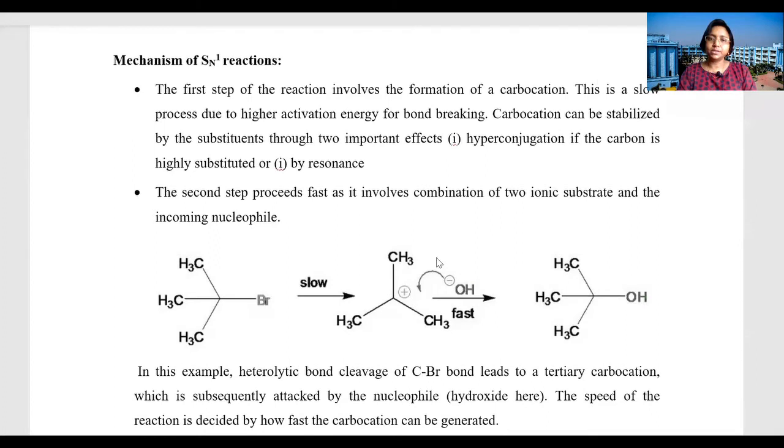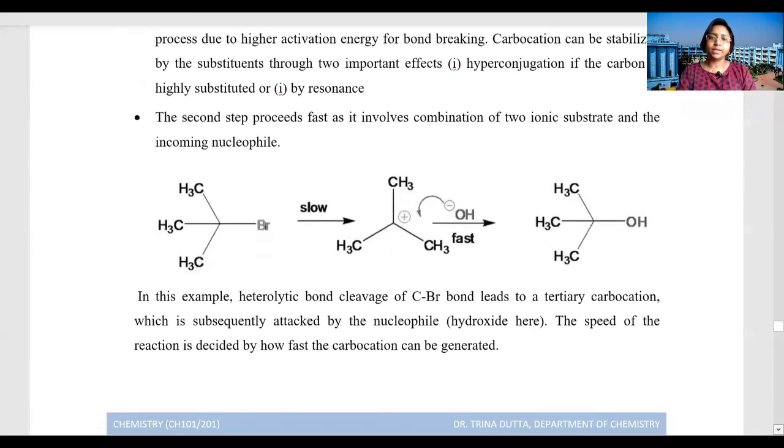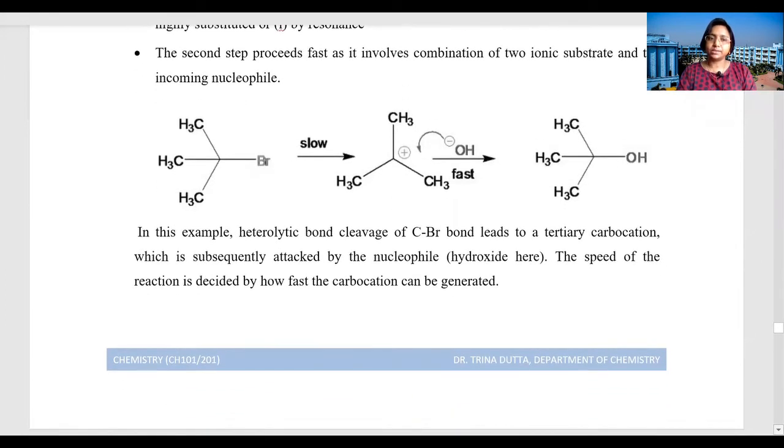The structure looks like an umbrella, open on this side, and in the product also the umbrella remains on the same side. That is the observation. So you have learned the mechanism of the SN1 reaction: first the carbocation is formed, then it is attacked by the nucleophile.